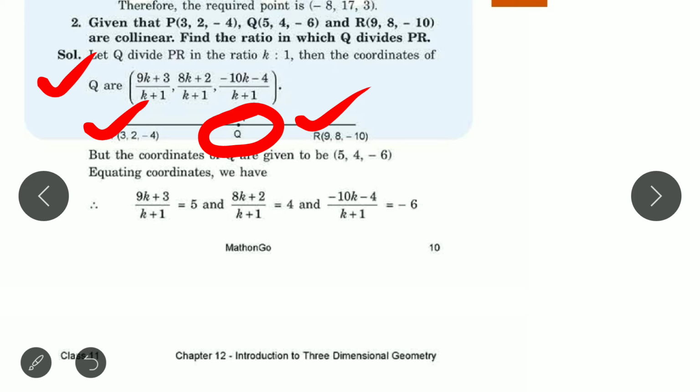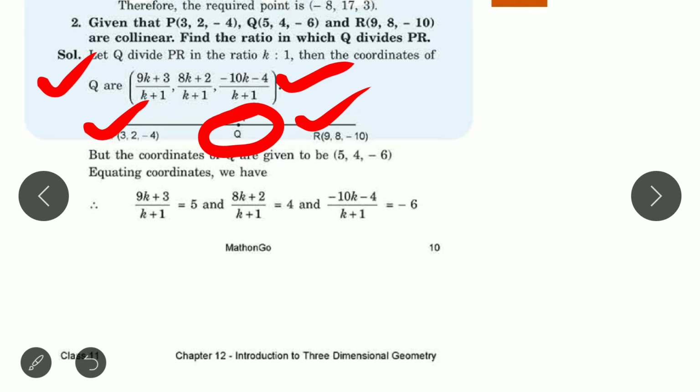The coordinates of Q thus obtained are (9k+3)/(k+1), (8k+2)/(k+1), (-10k-4)/(k+1). Internal division formula has been used. Now, this is the coordinate of Q in terms of k.